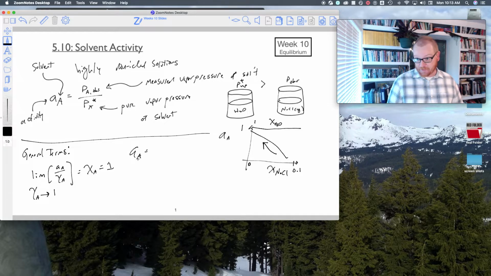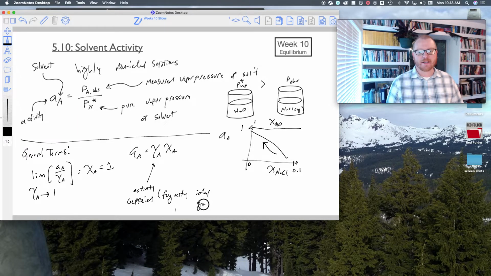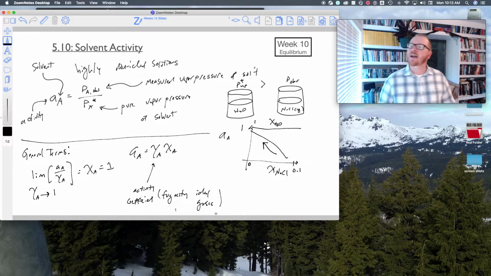And so now what that means is, generally, activity is the following. The actual activity, the activity that you would measure, equals the activity coefficient, which sometimes is referred to as fugacity in the case of ideal gases. I'm not going to spend a lot of time talking about fugacity.